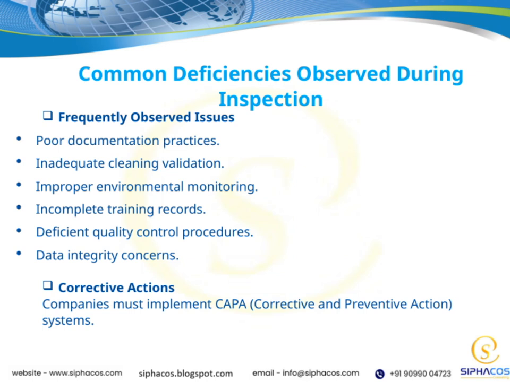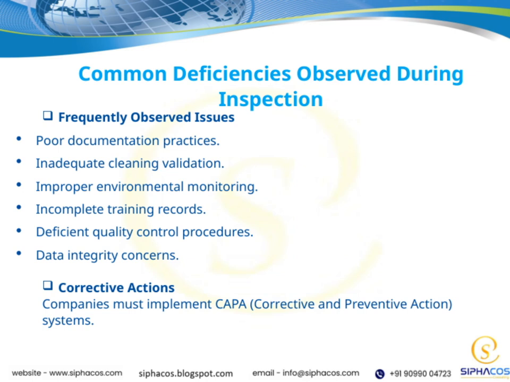Furthermore, deficient quality control procedures are a concern. This could mean that procedures are outdated or not comprehensive enough to catch issues before products reach the market. Lastly, data integrity concerns are increasingly seen. This involves issues like data manipulation or loss, which undermine trust in the manufacturing and testing data.